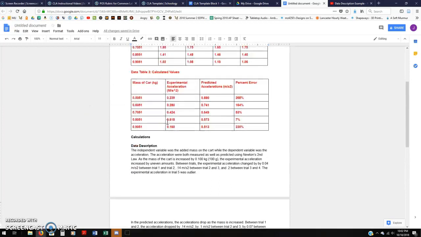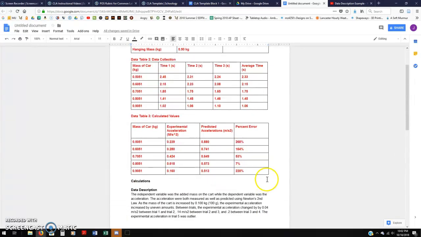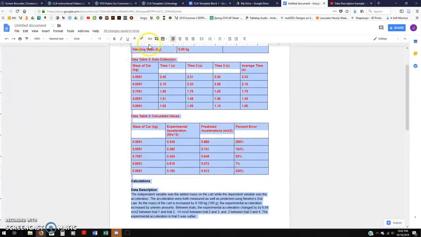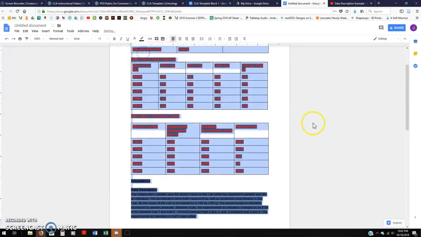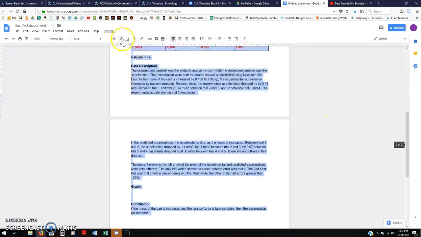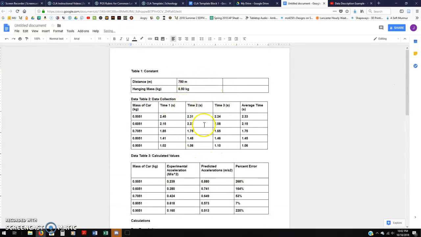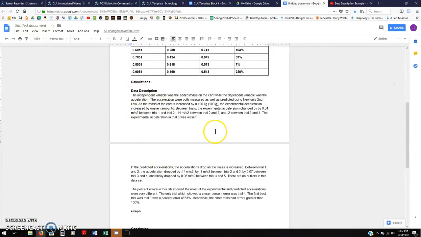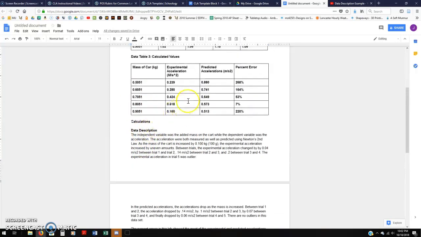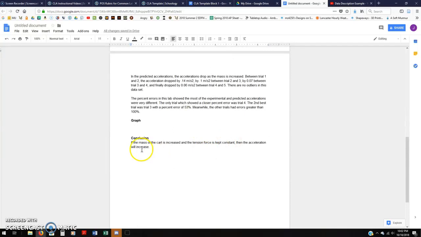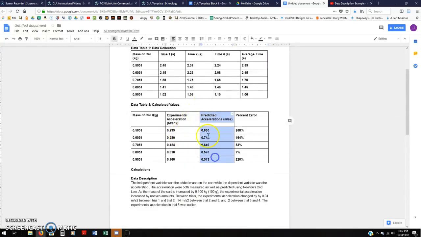But looking at what we have from our previous stuff here, that's not what I wanted. Looking at this previous stuff, we can go back and touch on our data description. And looking at, actually, let's change this to will decrease, because it seems like that is what we predicted using our predicted acceleration.